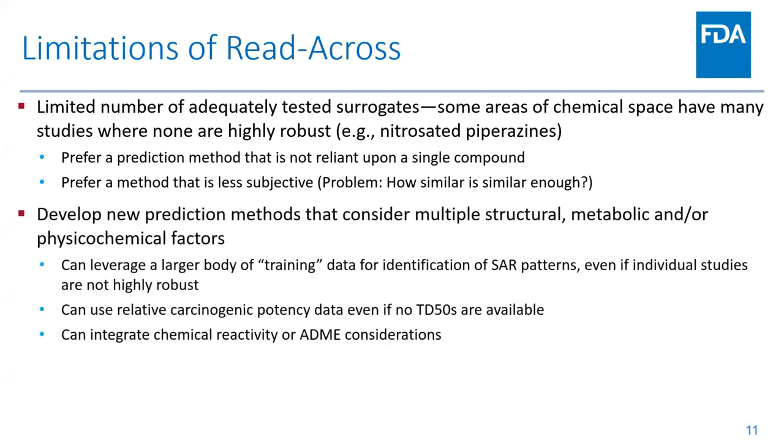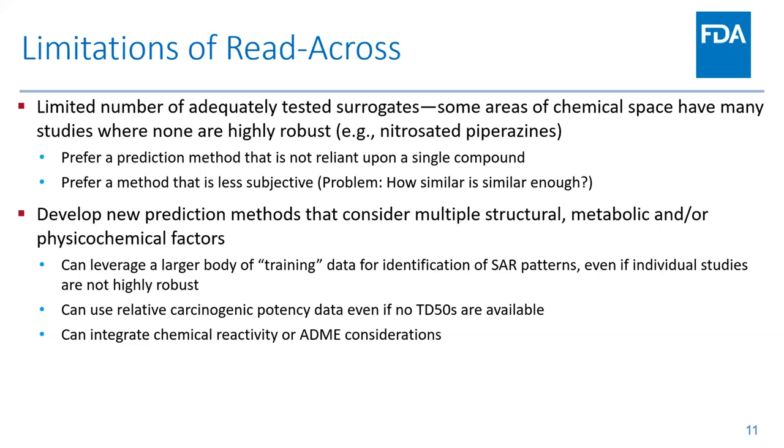So to move away from that, there was an interest in developing new prediction methods that could consider multiple structure, metabolic, and physical chemical factors in a molecule. This would give us the ability to leverage a larger body of training data for the identification of SAR patterns. And that's helpful because it means we're not relying on single studies being highly robust, but in fact, we can tolerate a lower degree of robustness because we have a larger number of observations to work with.